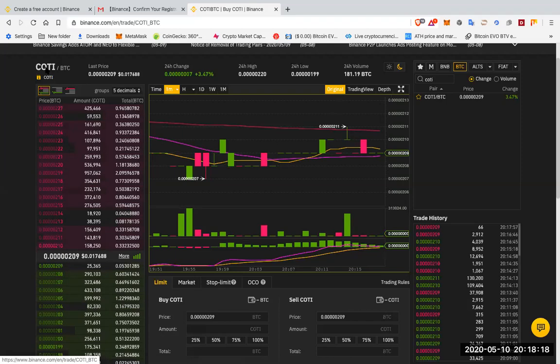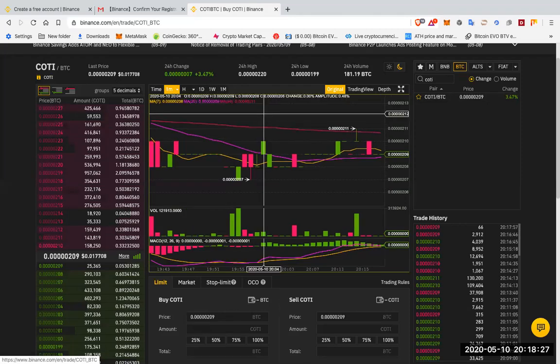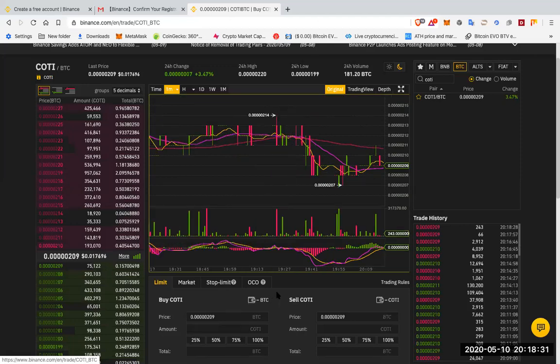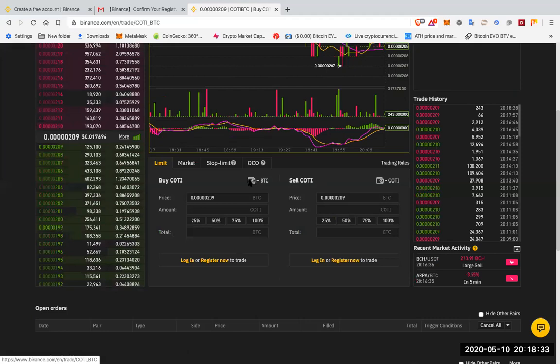Now it is okay. So here it's the same on the search, and it's also the same on the chart. So when I go here, I still have my funds. My funds will be in BTC. So if my funds are in BTC, then I will go and decide how much I want to use.